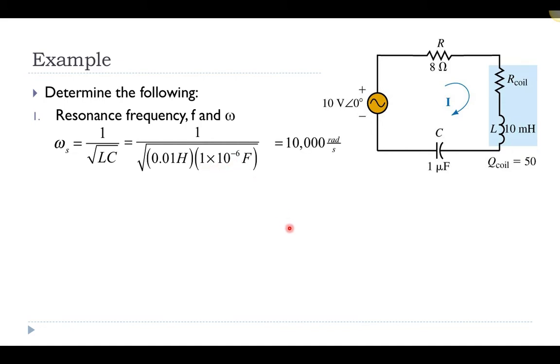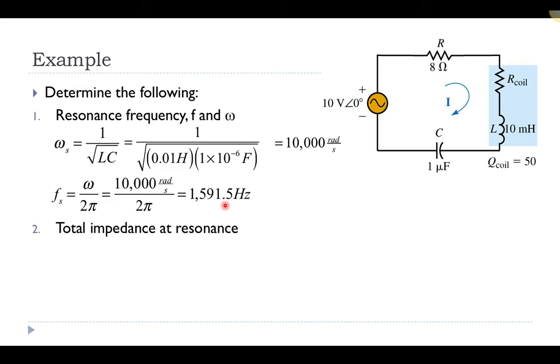This ends up giving me an angular frequency for resonance of 10,000 rads per second. Once I know the angular frequency for resonance, I can calculate the frequency in hertz by taking my number and dividing by 2 pi, and I get 1,591.5 hertz.